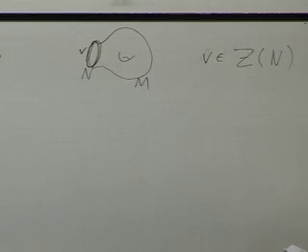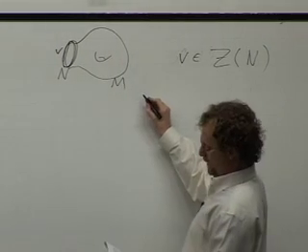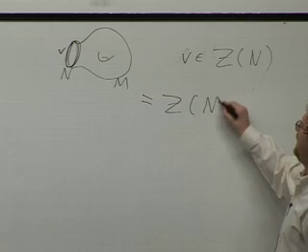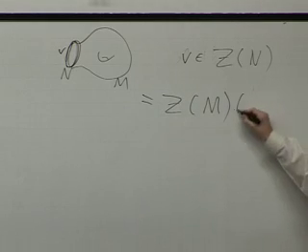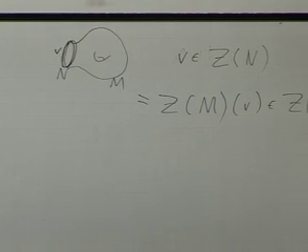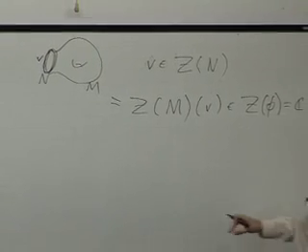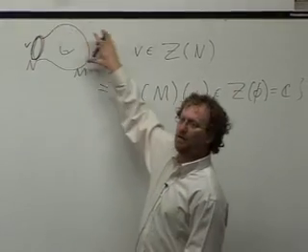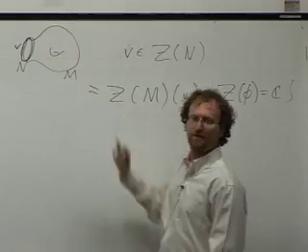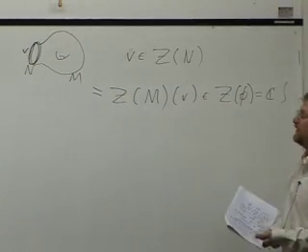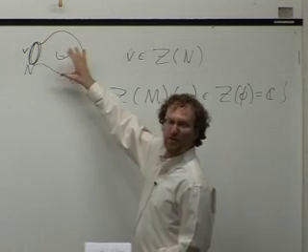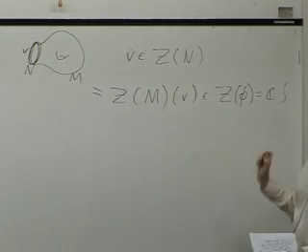In other words, this picture is going to symbolize the number you get by taking Z of M and applying it to V. That's an element of Z of the empty set, in other words, a complex number. Z of M is a map from Z of N to Z of the empty set, which is a complex number, and I'll just apply it to this vector. So this is just a notation to say that if I have a label, instead of having a manifold with boundary, which gives me a vector space, I'll just get a number.